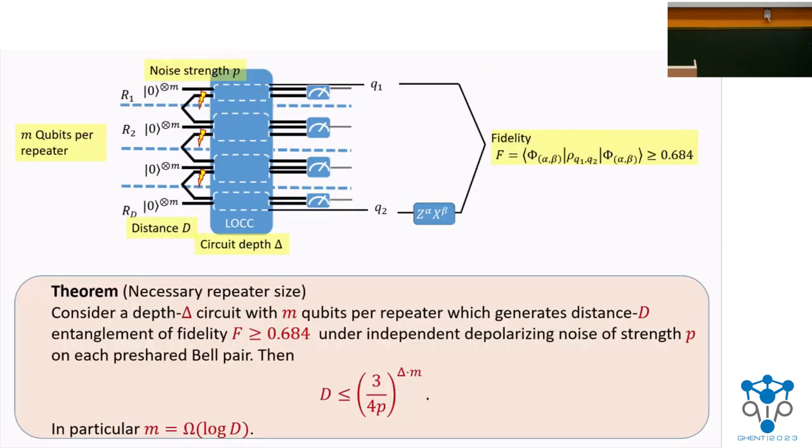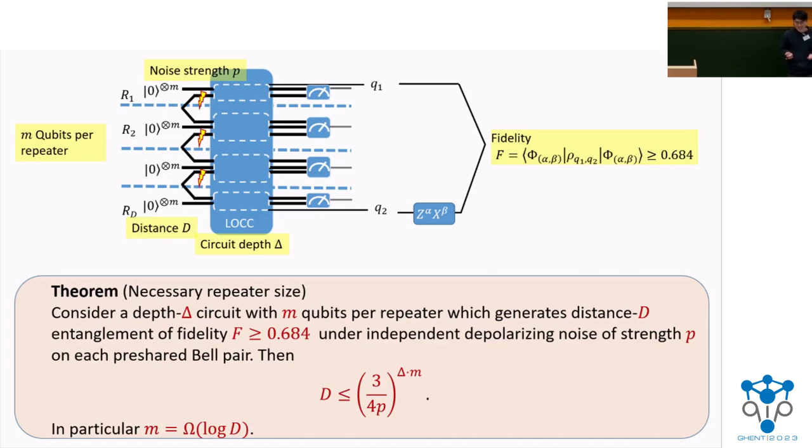Then we can give a very simple theorem, which we call the necessary repeater size theorem. Let's say we want our final state to satisfy a fidelity greater than this number, 0.684.